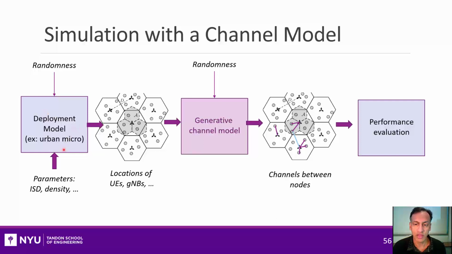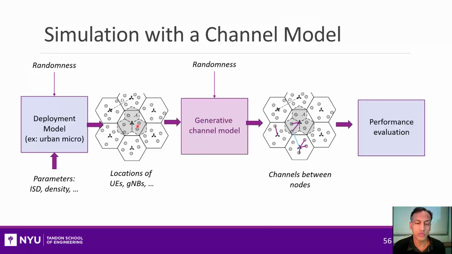For example, you might say that on average, the base stations are a certain distance apart from one another, and on average, the users are located relative to the base station in some manner. Then, based on this deployment model, you will drop the base stations and the UEs in some area, and that gives you the locations and the relative distances between the UEs and the base stations.